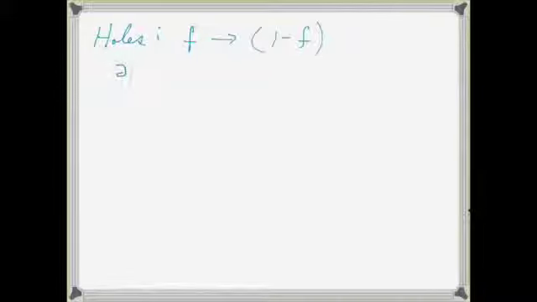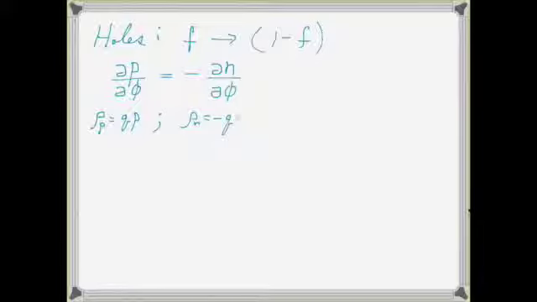It means that dp d phi, the change in the hole density with respect to the potential, is just the negative of the change in the electron density with respect to phi, which makes sense: if you're getting fewer holes, you're getting more electrons, or vice versa. But the charges have opposite signs also: rho sub p is qp, and rho sub n is negative qn.